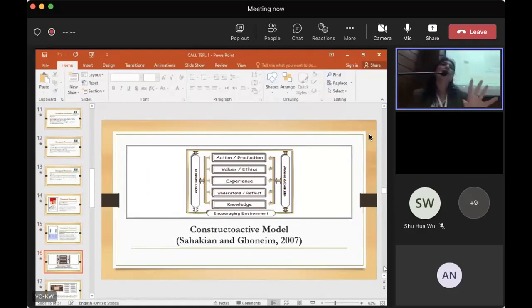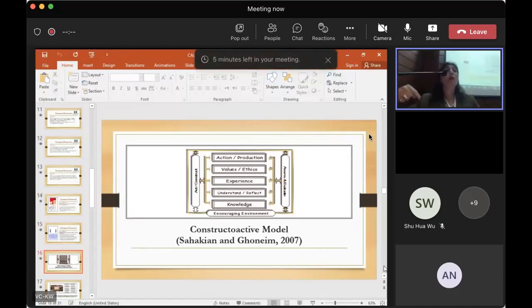The constructor-active model is a model developed by Fahakian and Renee in 2005. They built their model based on Bloom's taxonomy. If you look at the model, you will find that they are following the same levels of lower order thinking in order to reach higher order thinking until they implement the critical thinking skills.